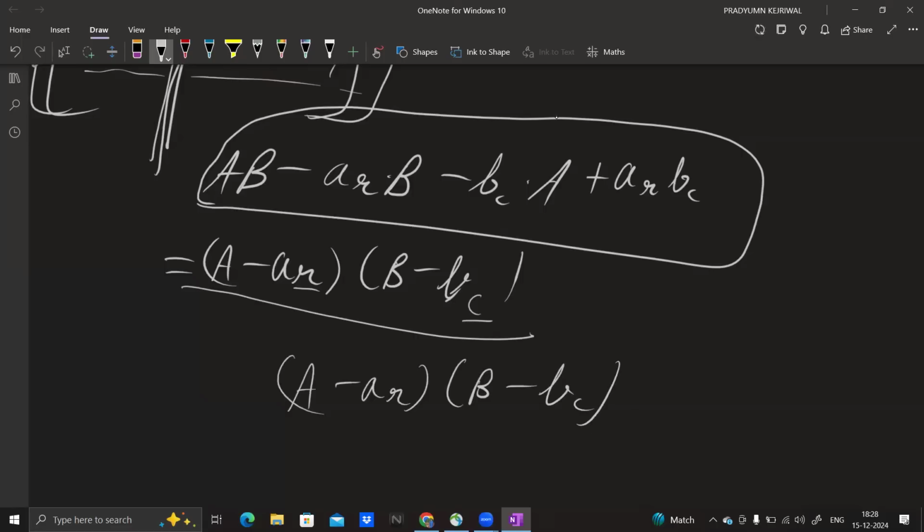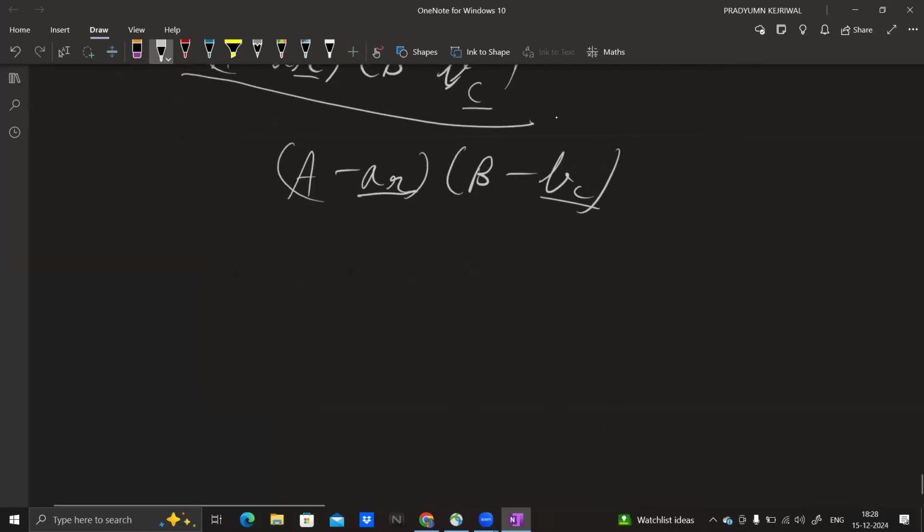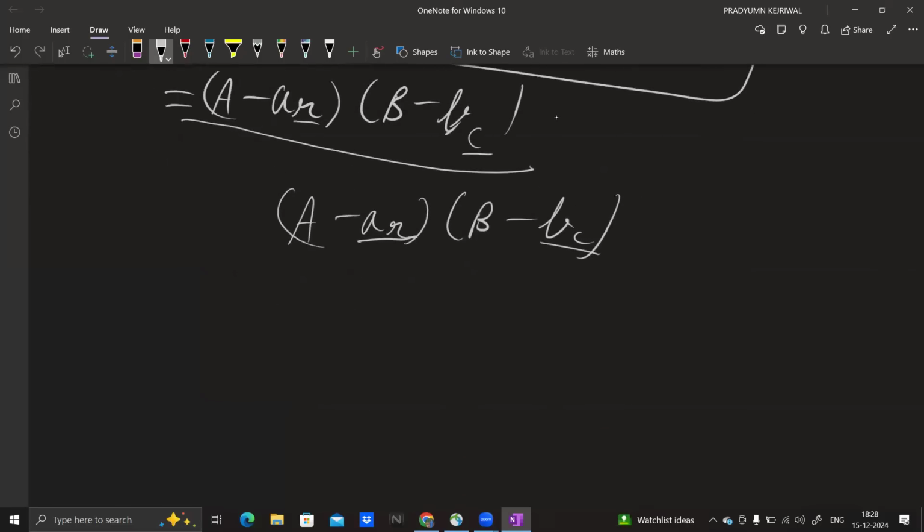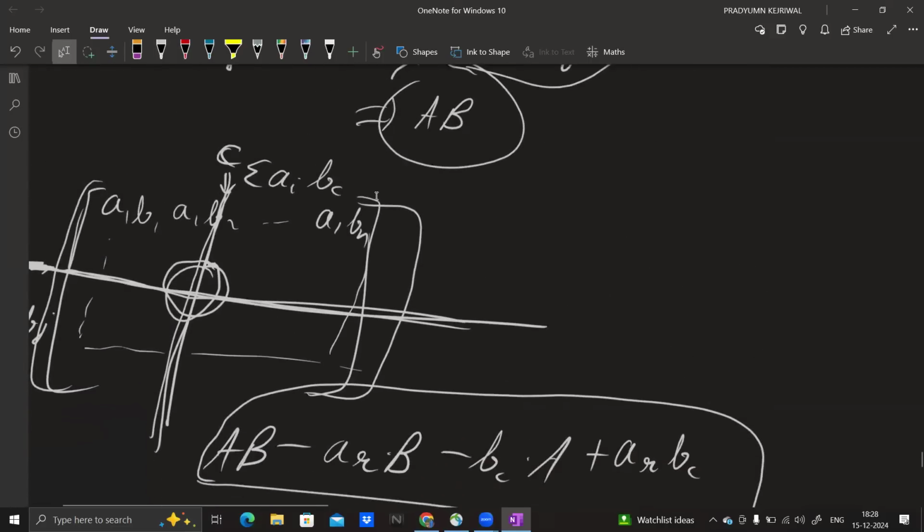which is the same as if the array A didn't have this value and the array B didn't have this value, then the matrix that would have been made, its value is this value. You can also think of it like this, that we are deleting this row and this column. So essentially, we have deleted this row's element from A, which is AR, and we have deleted this column's value from B, which is BC.